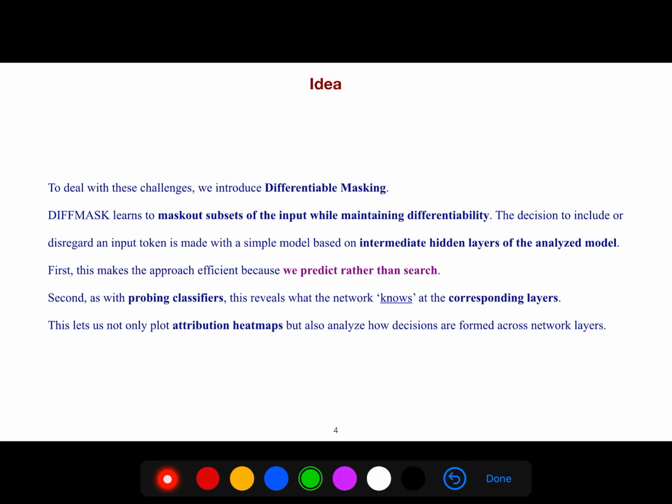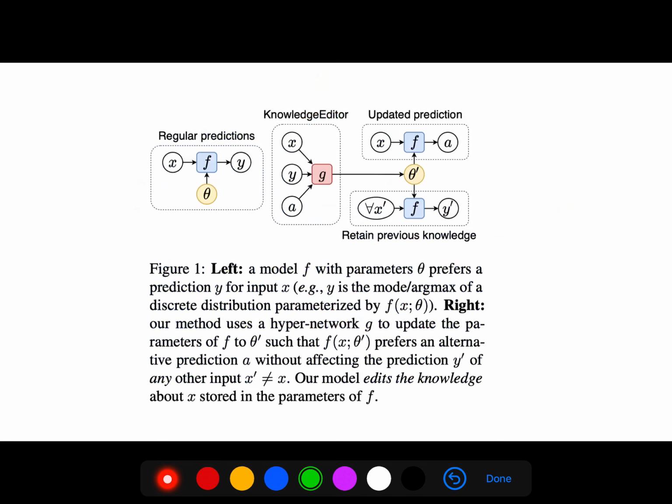First, this makes the approach efficient because we predict rather than search. Second, as with probing classifiers, this reveals what the network knows at the corresponding layers. This lets us not only plot attribution heat maps, but also analyze how decisions are formed across network layers.